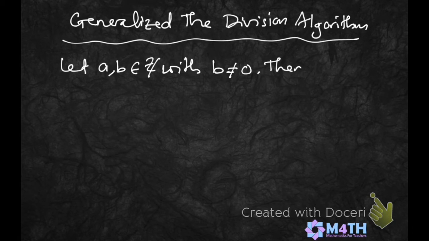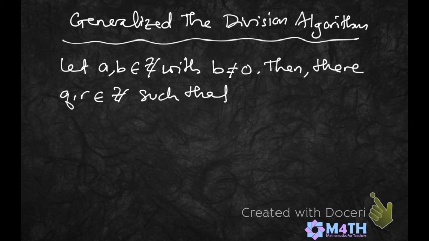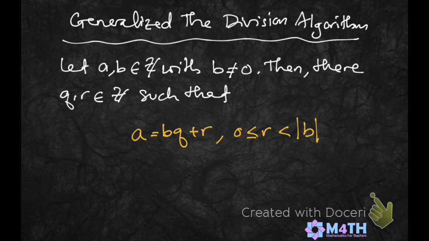Again, we can find two integers q and r such that a can be written as bq plus r, the same as before, but now r is between 0 and the absolute value of b. If b is positive, the absolute value keeps it positive, but when b is negative, we still use the positive value of b.